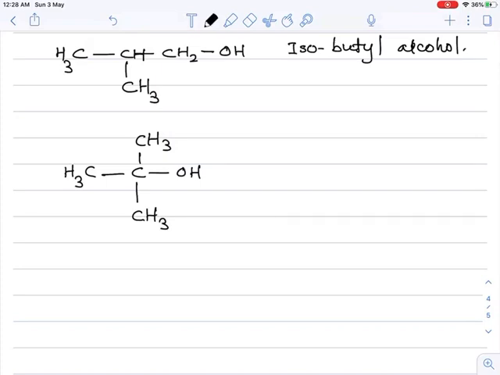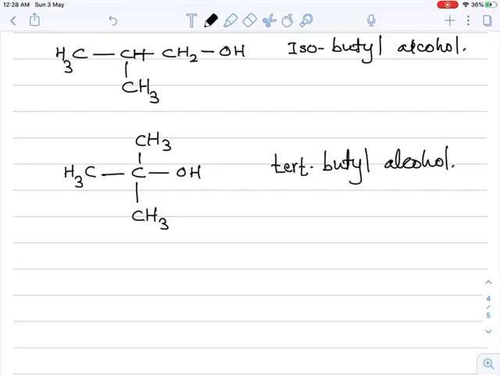The carbon attached to the OH group is which type? Tertiary carbon, and in this alkyl group a total of 4 carbons are there. So what is the name of this alcohol? It is tertiary butyl alcohol.